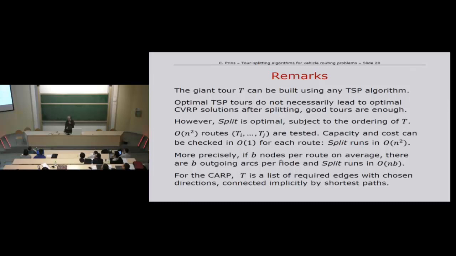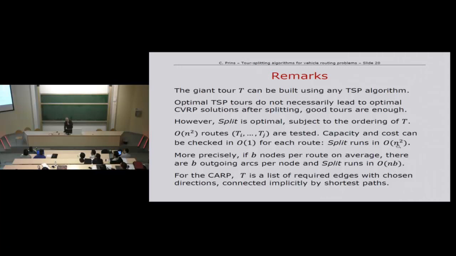If there are b nodes per route, per feasible route on average, it means that there are, in the auxiliary graph, b outgoing arcs per node. For each node you have b arcs which leave this node. So it means in total you have nb arcs, and the complexity of Bellman's algorithm is linear in the number of arcs. So it means the algorithm runs in O of nb.